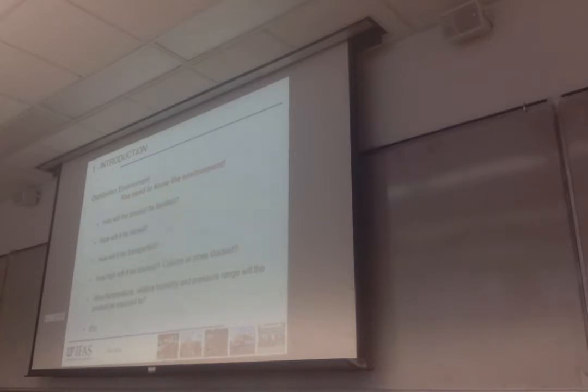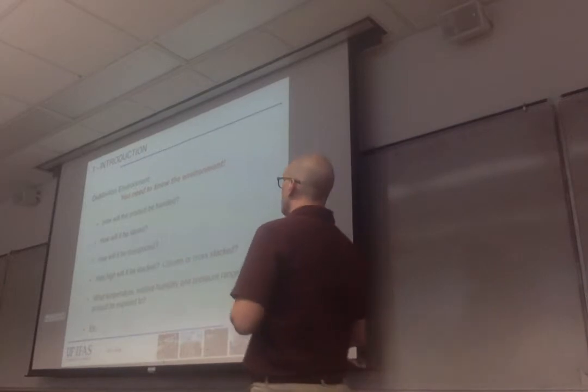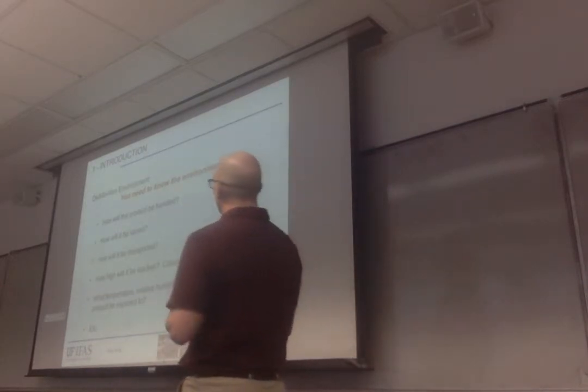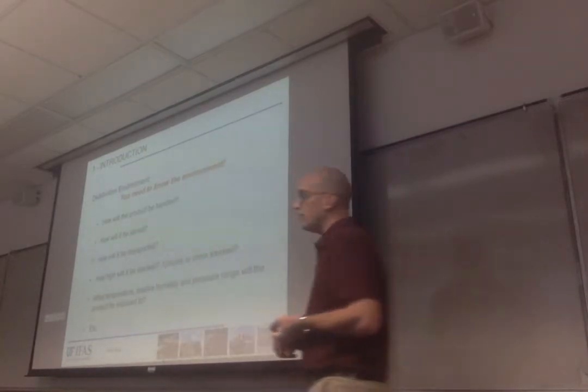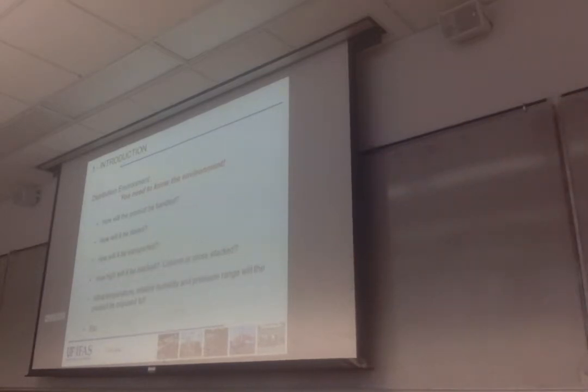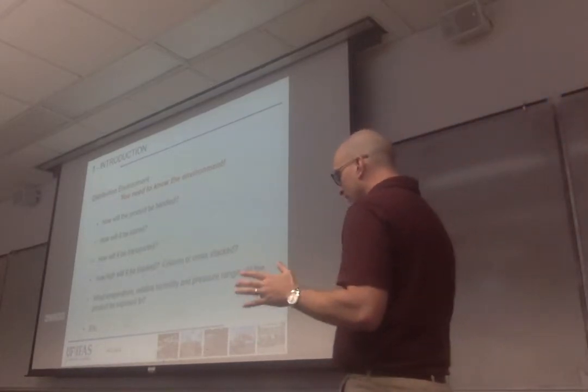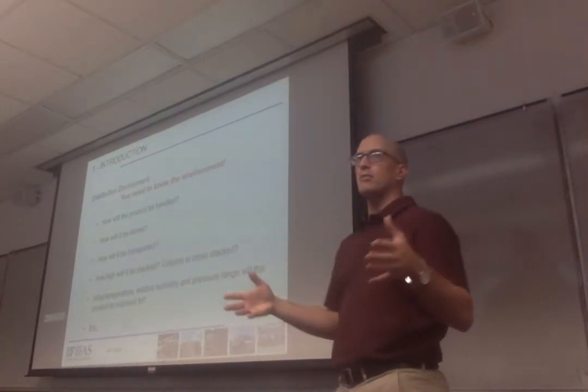So, leading to the next important statement is you need to know your product, but you also need to know the environment, okay? This is very, very key. So, a few things that you need to ask yourself to be able to know your environment. How will the product be handled? So, at some point, it's kind of inevitable that your product is going to be handled manually.